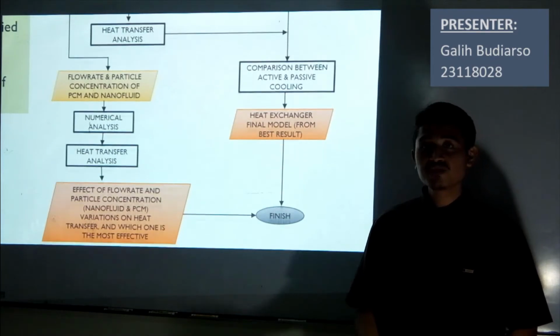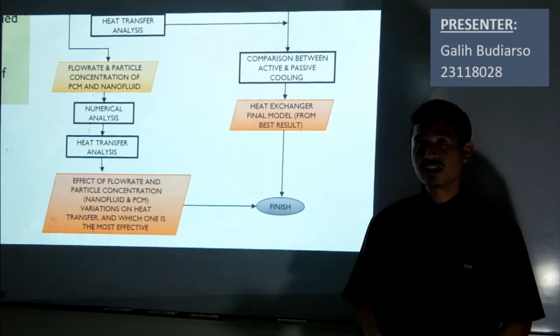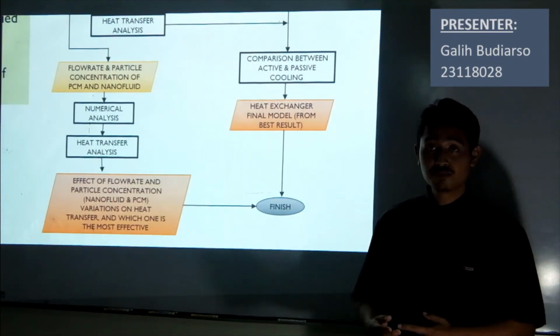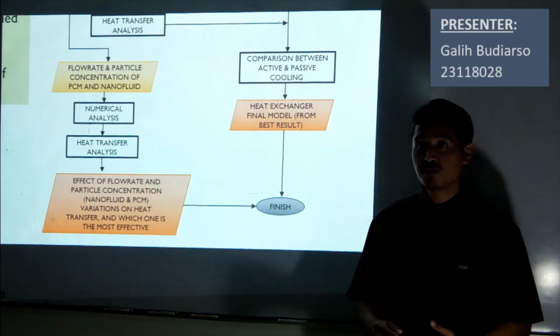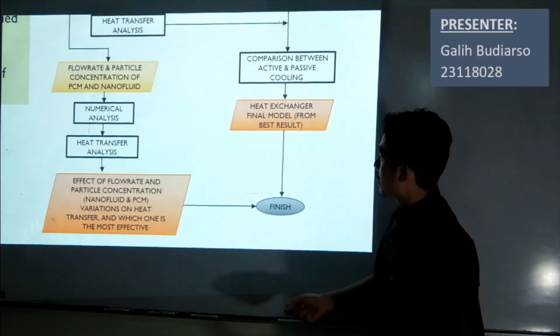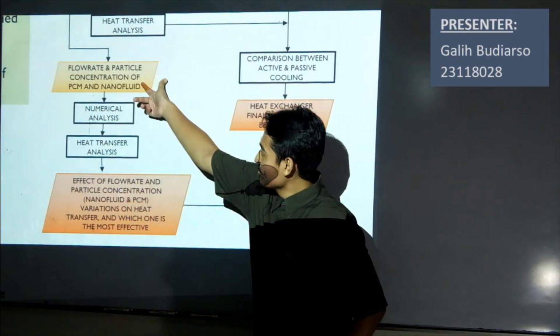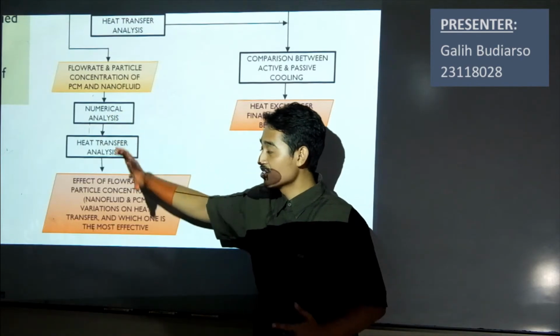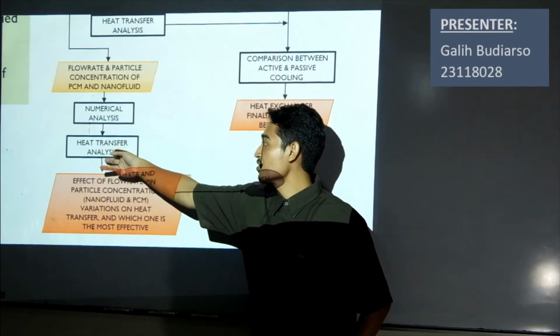Furthermore, numerical analysis will be carried out based on the input data and input model. The result of the numerical analysis will be used in the heat transfer analysis. So, by inputting this data and doing the numerical analysis, we get the result. Then we do heat transfer analysis in this box.